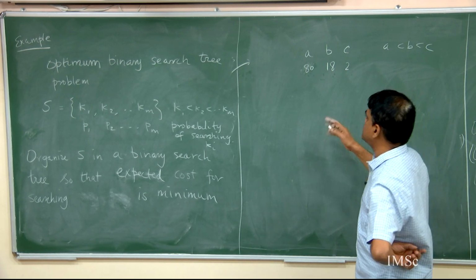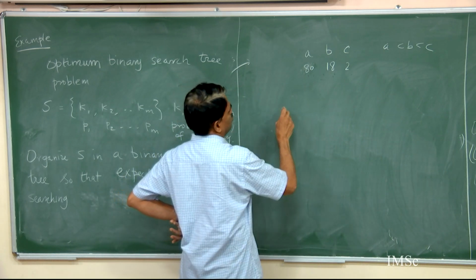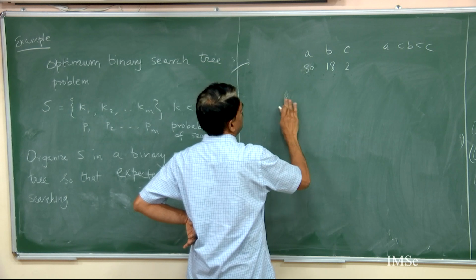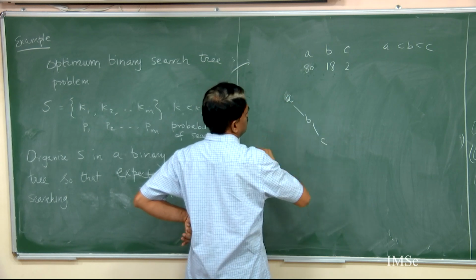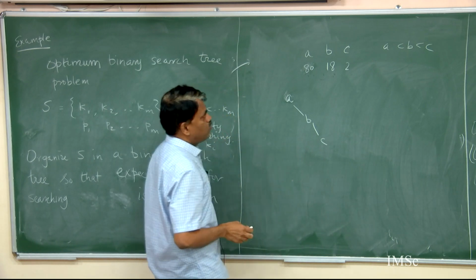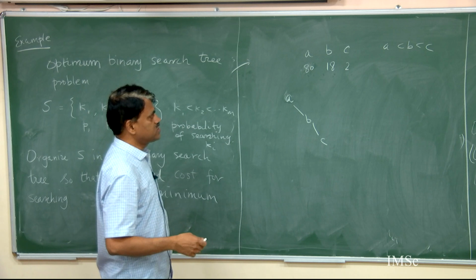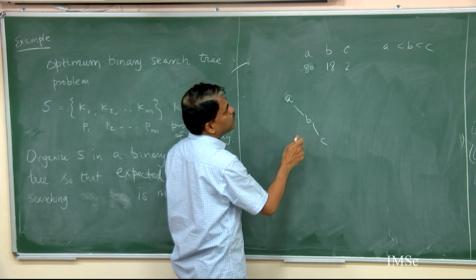Now, there are multiple different binary search trees possible. So, I could put A here and then B and then C. If I do that, what would be the cost of search? The cost would be the number of comparisons I am doing.